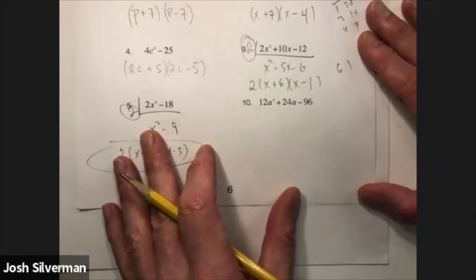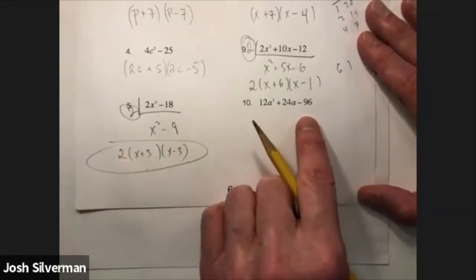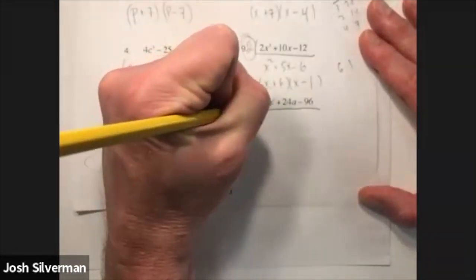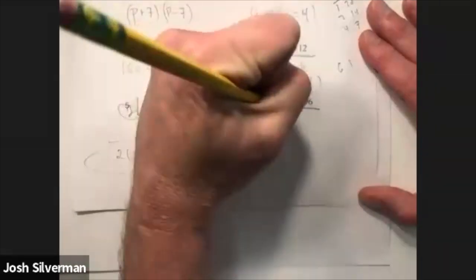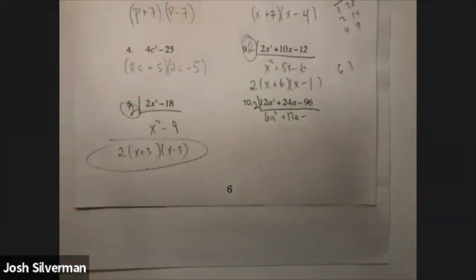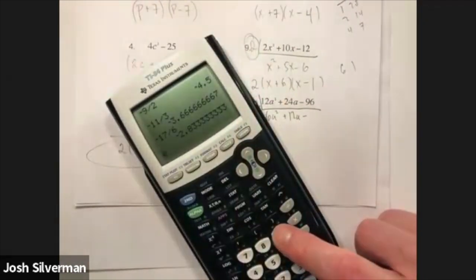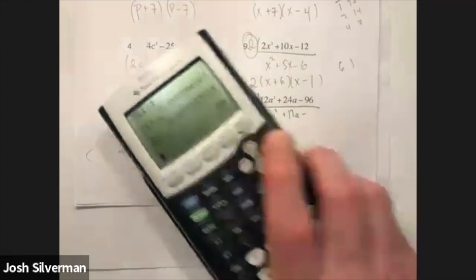Last one. What's the GCF here? 12. Now, maybe you weren't able to see that that was 12 right off the bat. Maybe you just said 2. 6a squared plus 12a minus... Oh, man, I don't know. Can I do that in my head? Let's just go to the calculator. 96 divided by 2, 48.